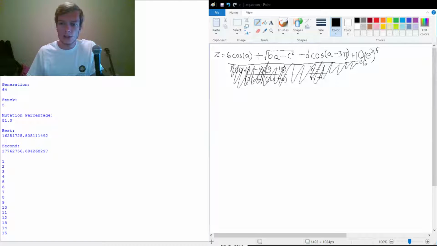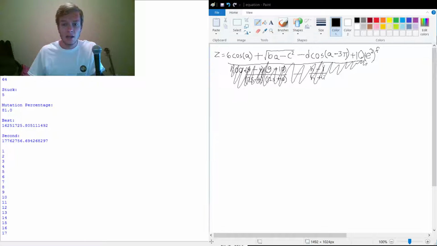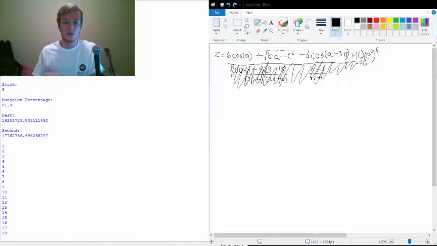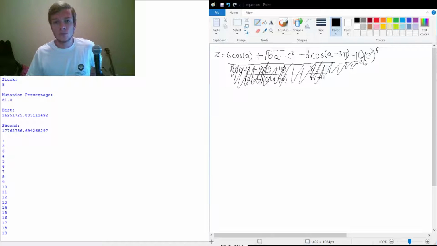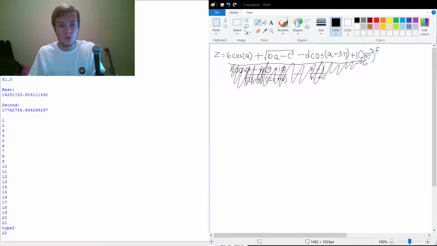Obviously this is going to be a long process in order to get an efficient program that actually runs smooth and fast. But I believe that I'm on the right track.